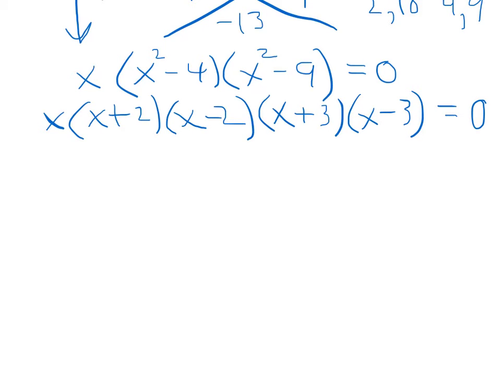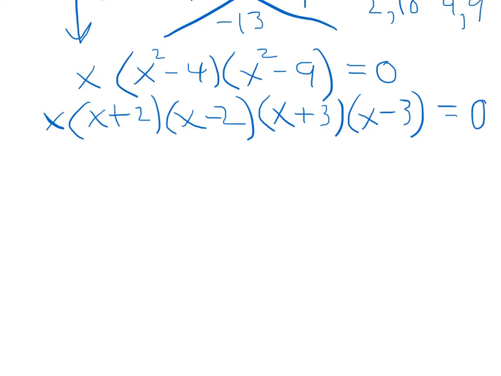Now it becomes pretty easy to take all these factors. We can take this as a factor, and this as a factor, and this, and this, and this. Since we're multiplying them all together and they equal 0, that means that either this is 0, or this is 0, or this is 0, or this, or this.